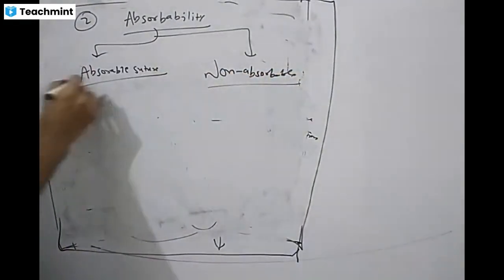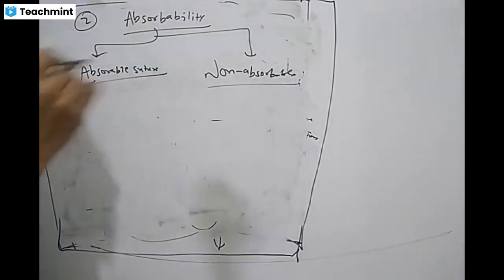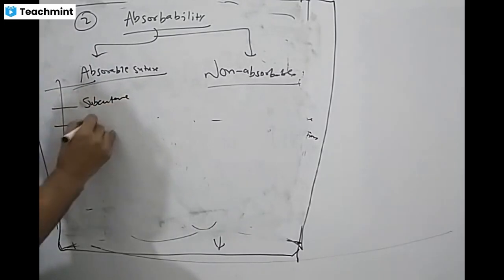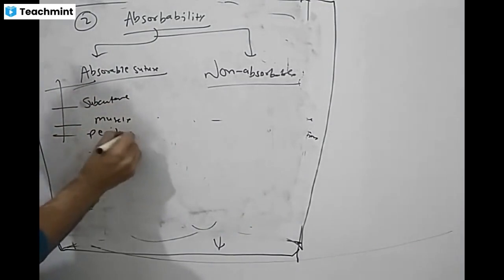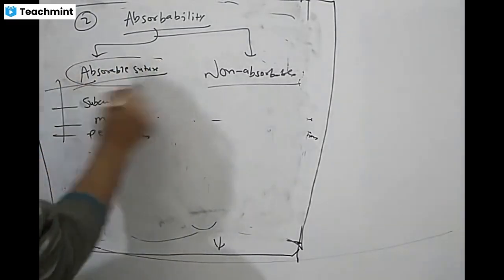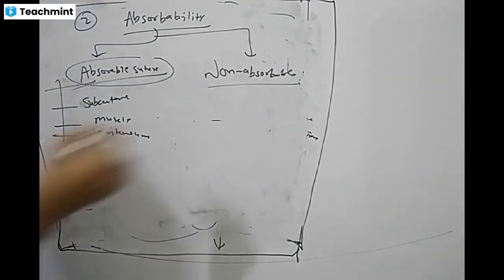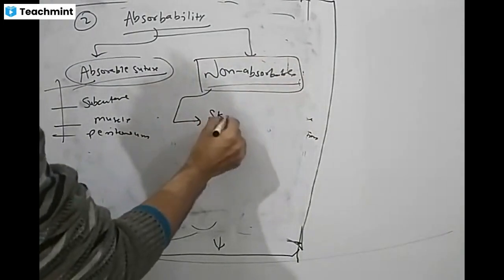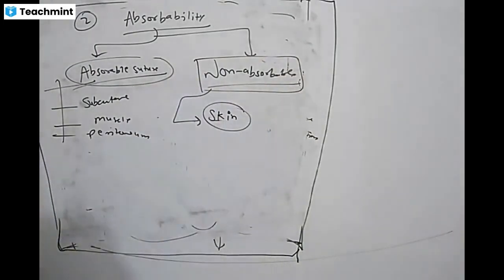Which are the places where you want absorbable suture material? For example, subcutaneous tissue, muscles, peritoneum. These are the places where we want absorbable suture, like your internal organs. Which are the places where you want non-absorbable suture material? Obviously, the best example is skin.